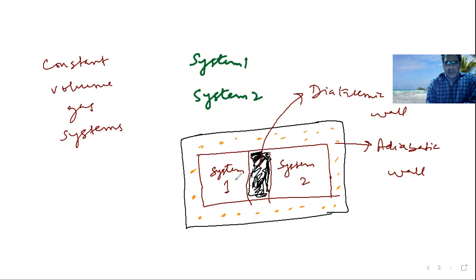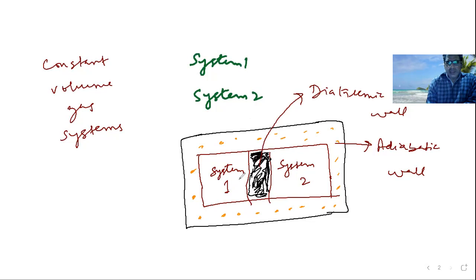That means I separate them by diathermic wall, and I isolate both the systems from their surroundings by adiabatic wall. Now what will happen? In general, the macroscopic variables of these systems will change until the systems are in thermal equilibrium with each other. What is the meaning of that?